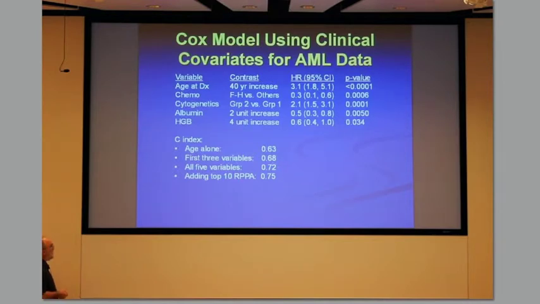That's why you have to be fairly clever about how you choose the features. And this is why the challenge is a challenge, because it's a really hard problem. The clinical covariates by themselves do predict survival to a certain extent, but you want to do better than that using the protein expression.